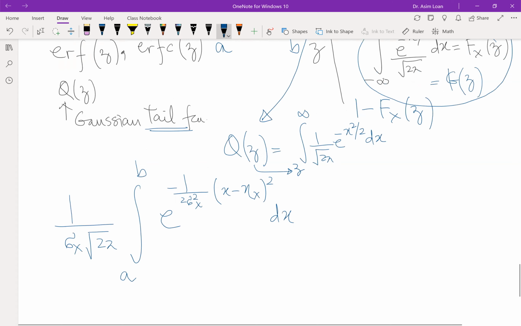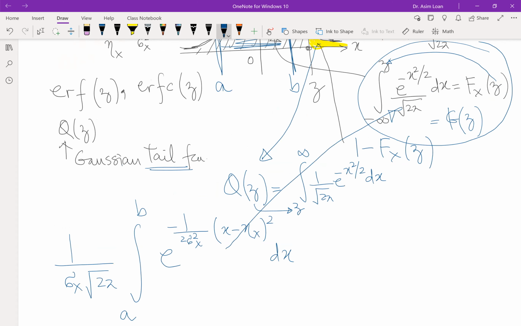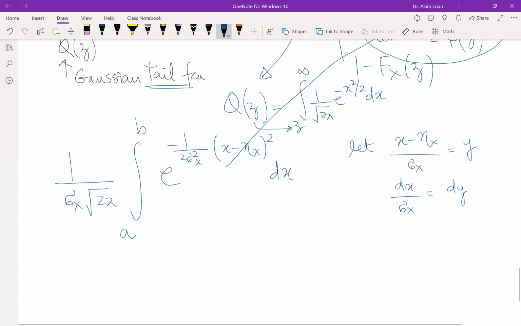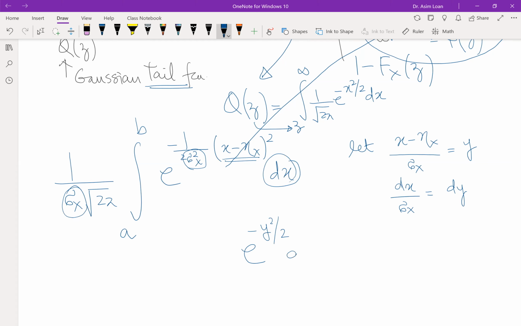To convert from here to here, you say let, so this is simply a change of variables. Let x minus eta x over sigma x equal some y, then dx over sigma x would be equal to dy. If I do a change of variables here, then x minus eta x over sigma square will be e minus y square over 2, and dx over sigma x would be dy.